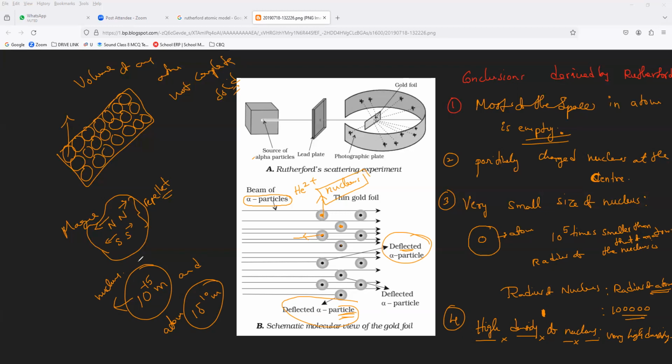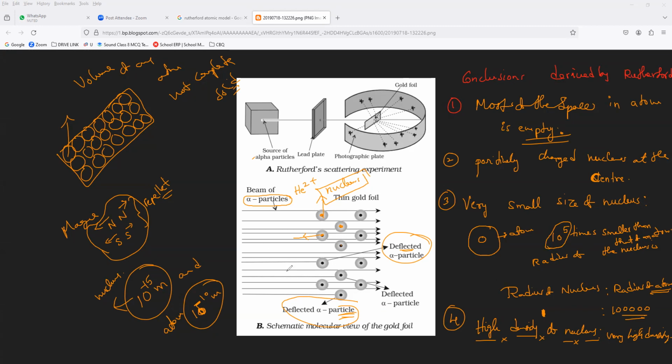On the basis of the calculations, he found the nucleus size is 10 power minus 15 meters and the atom size is 10 power minus 10 meters. How many times is the nucleus smaller? 1 lakh times smaller than the atom. That is what it is indicating.